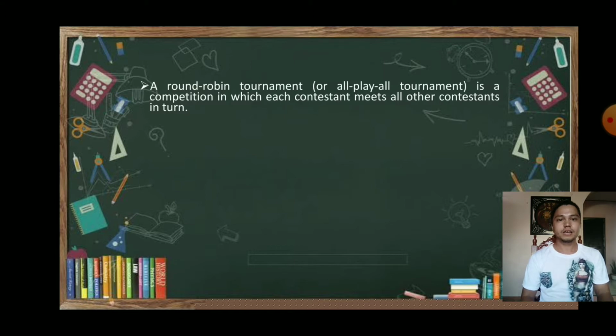Next. A round-robin tournament or all-play-all tournament is a competition in which each contestant meets all other contestants in turn. So, ito na po yung nabanggit ko po kanina lang po.